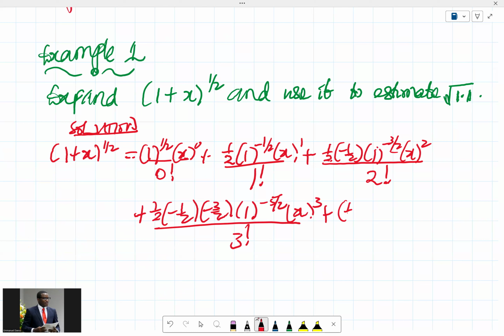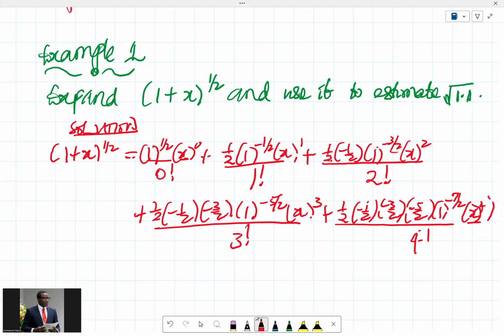That will be half, the first half that we had from the beginning, into minus half into minus 3 over 2 into minus 5 over 2. Then 1 raised to the power minus 7 over 2, because minus 5 over 2 minus 1 is minus 7 over 2. Then x raised to power 4 all over 4 factorial, and all of that continues.